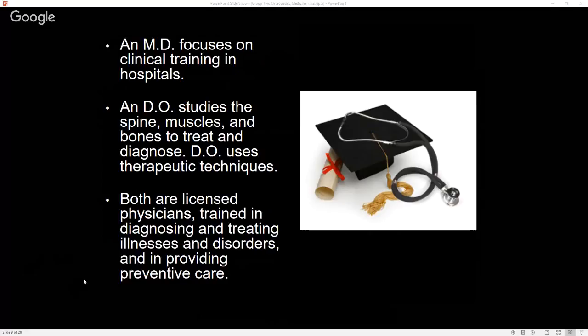An MD usually focuses on the medicine and the clinical training in hospitals. They are both certified licensed practitioners and physicians. They can both treat and diagnose disorders as well. Next slide.